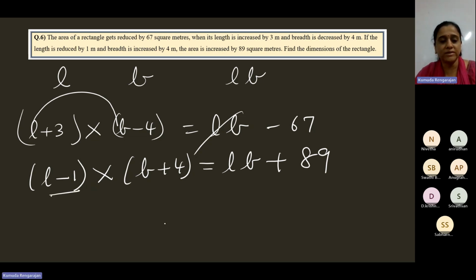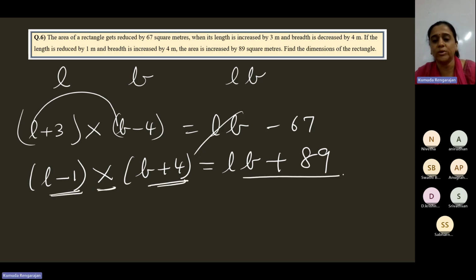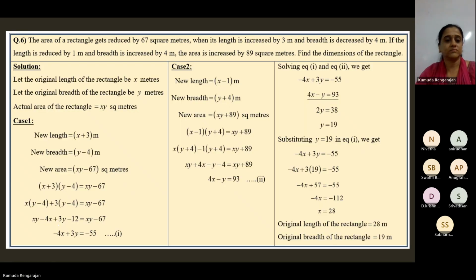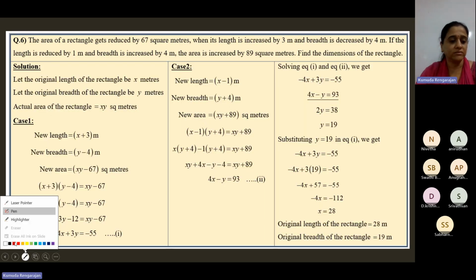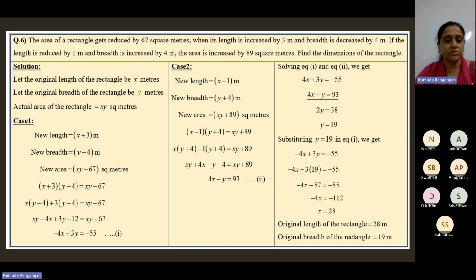So here also new length into new breadth is equal to new area. I've taken XY here. So there's a new length, new breadth, new area. Then when you open the brackets, you can see XY and XY will get cancelled. So you get minus 4x plus 3y is equal to minus 55.